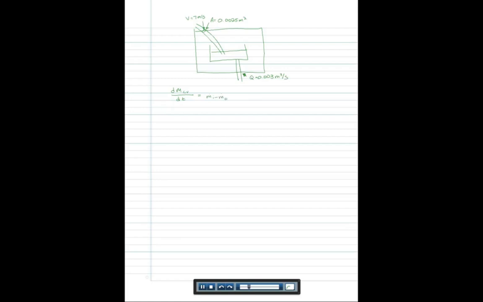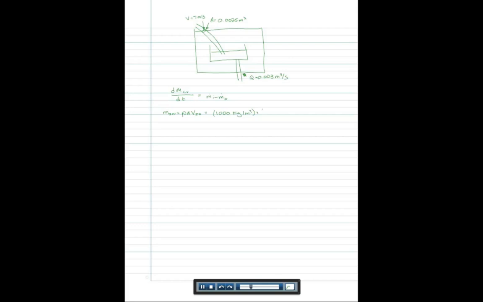So first we want to calculate what is the mass flow rate in. The mass flow rate in is going to be the density of the fluid times its cross-sectional area times the velocity in. And for this fluid, being water, 1,000 kilograms per cubic meter.